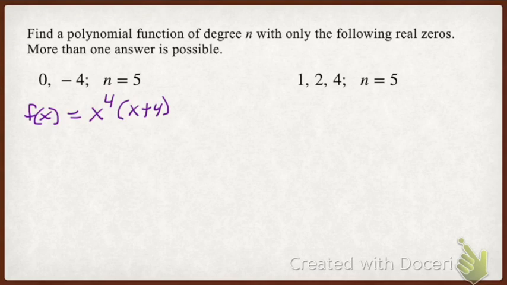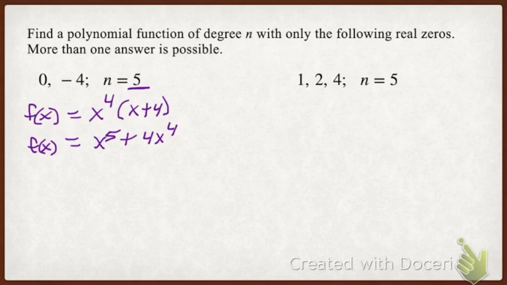If we multiply this together, we would get x to the 5th plus 4x to the 4th. Our highest exponent is 5, matches, and we have two solutions. This would be my polynomial. This is one possibility. You could put the power of 4 on the x plus 4. You could change it to be the power of 2 and then power of 3, as long as the powers add up to 5. Multiple ways to do this. You're going to have multiple different answers.